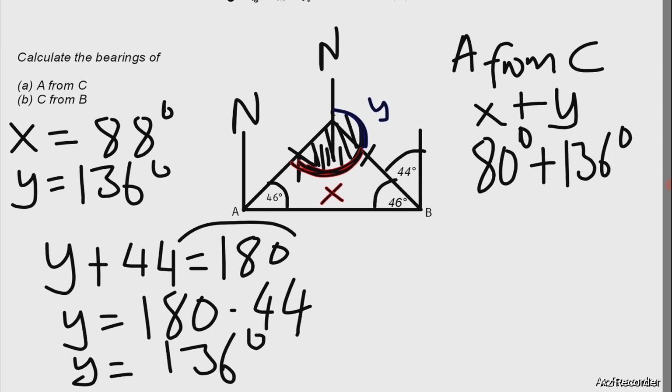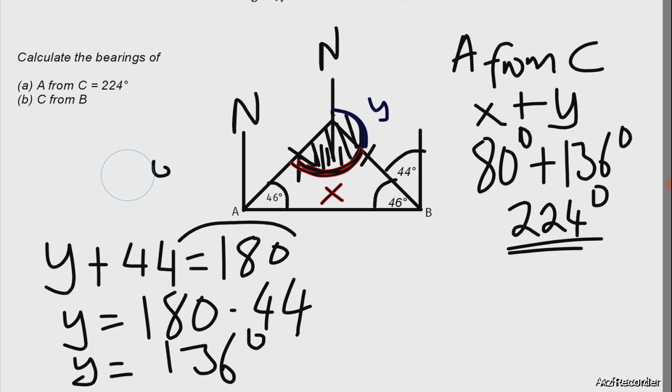This gives us 224 as the bearing of A from C. This makes sense because this angle is really big, it's more than 180.